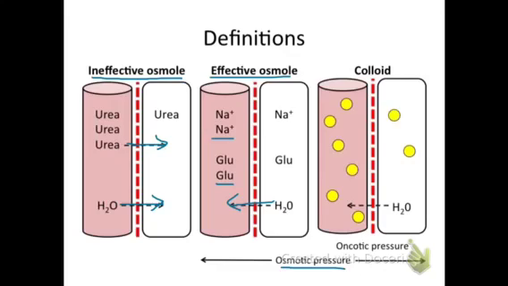A colloid is an effective osmole with a very large molecular weight, and an excellent example of this is albumin. The osmotic pressure applied to a system due to a colloid is called the oncotic pressure.